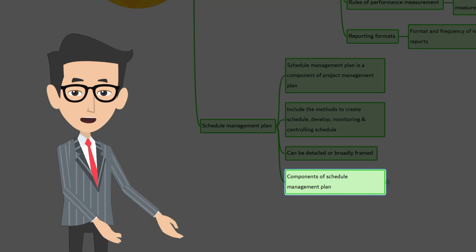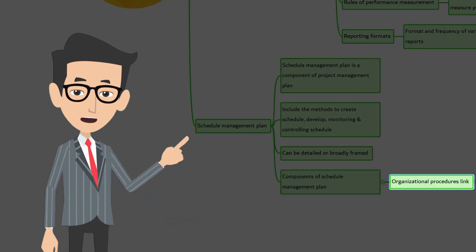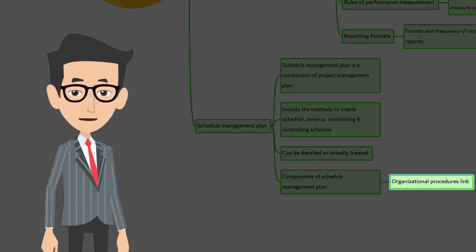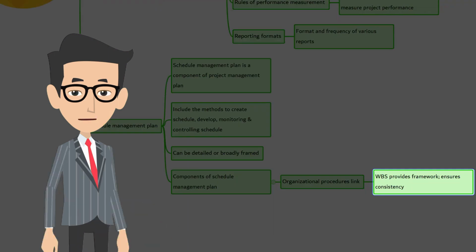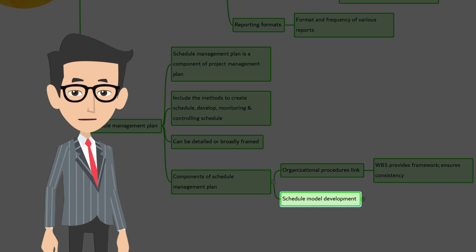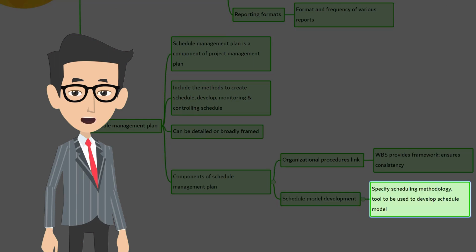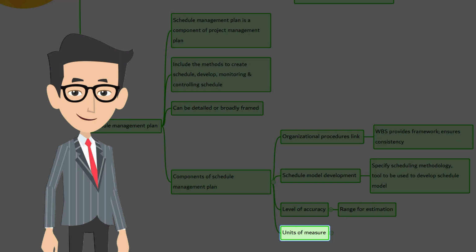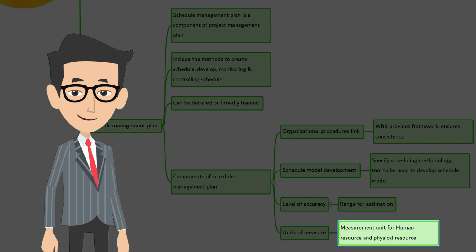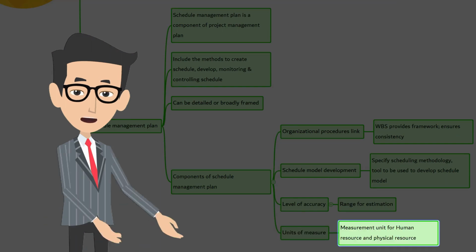The components of schedule management plan are organization procedure links, where the WBS provides framework, which helps to ensure consistency. Schedule model development, which specifies scheduling methodology, tools to be used to develop schedule model. Level of accuracy, where the range for estimation is detailed. Units of measures, measurement of units for both human and physical resource.